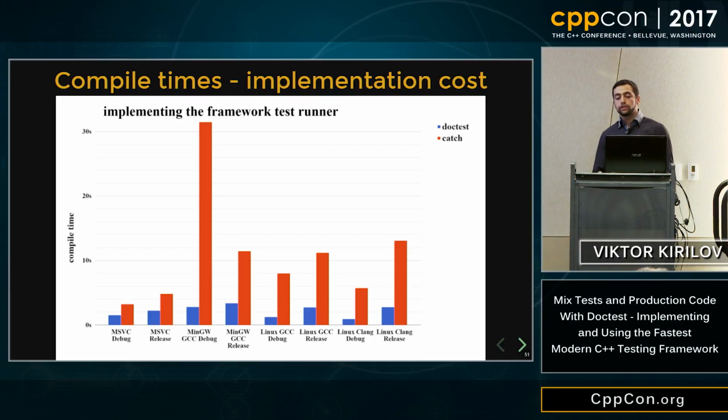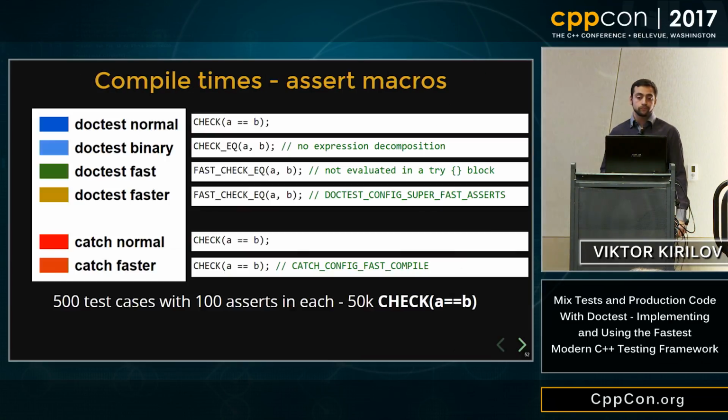And also, as features are added to Doctest, it will also get slower in its test runner. That's inevitable. And also, something else we can see is that compilers differ very much between each other, and also debug versus release is wildly different in compile times, and that's quite interesting.